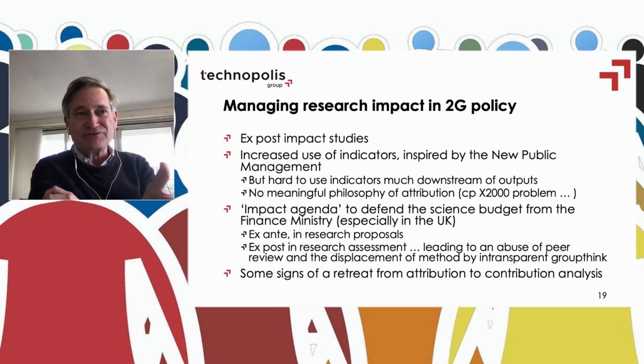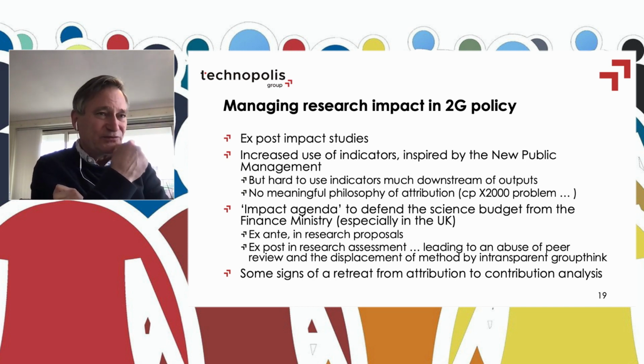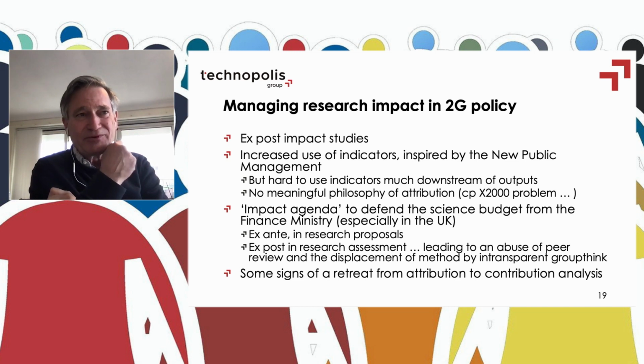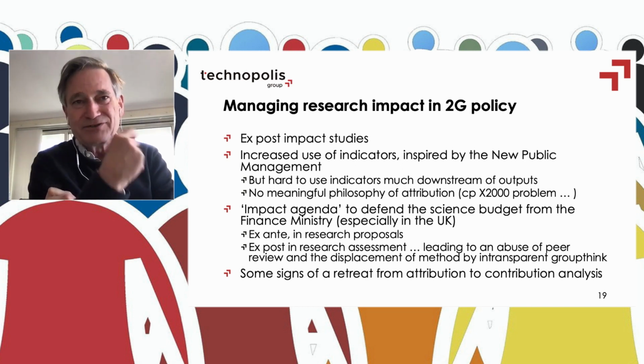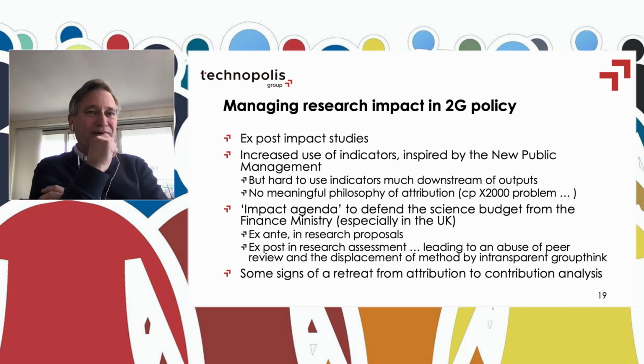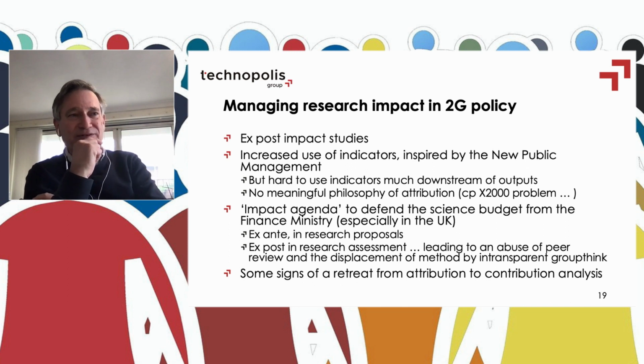We've had this increased use of indicators inspired by the new public management, which is fine and lets you monitor what you're doing, but usually it's very difficult to construct indicators which tell you very much about what's going on as you get closer to the impacts, if you like.